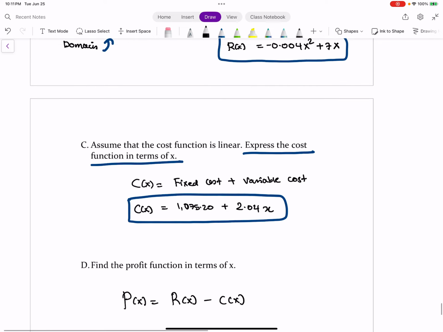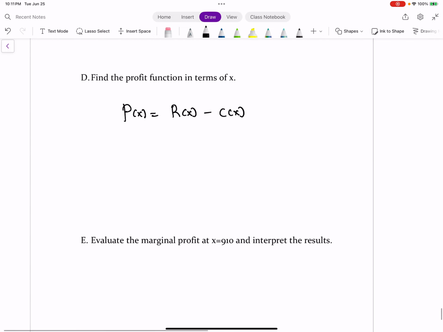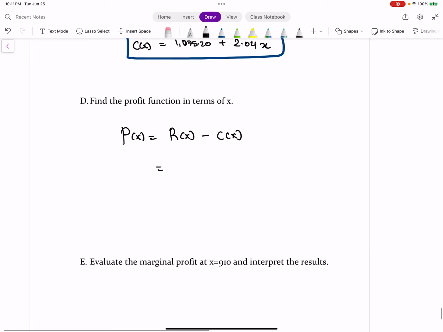The revenue function is negative 0.004x squared plus 7x, minus the cost function: 1075.20 plus 2.04x.